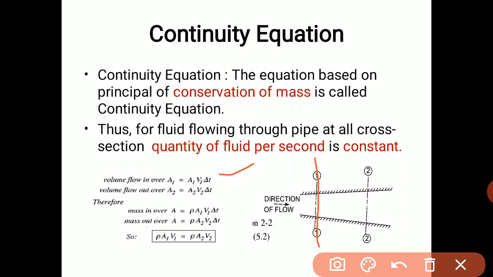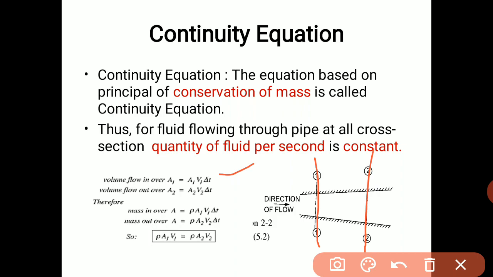Then mass is density into volume. We use the same thing here: mass at the first point is rho A1 V1 into delta t.